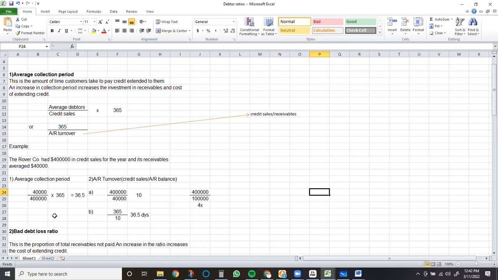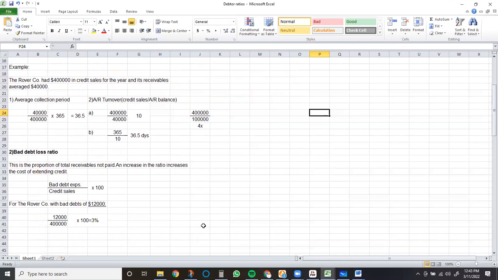So 40,000 over 400,000 by 365, and AR turnover, credit sales over AR balance, 10. This is normally witnessed 10 times. 365 over this, come back to the same thing.